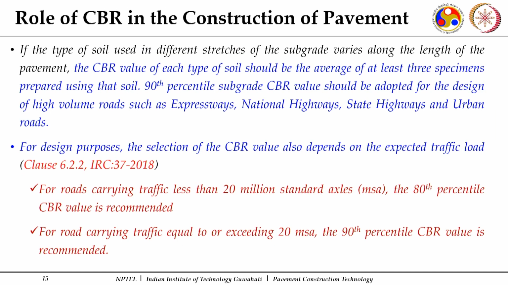Now, in addition to this determination, the subgrade has to be constructed along the entire length of your pavement. For this, you will require a good quantity of soil. So, you may either use the existing soil or select a borrow area. For that borrow area, you have to work out the CBR of that soil.